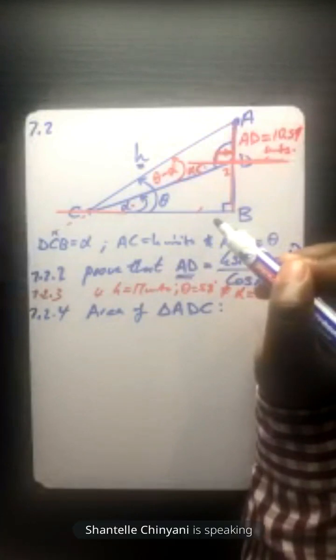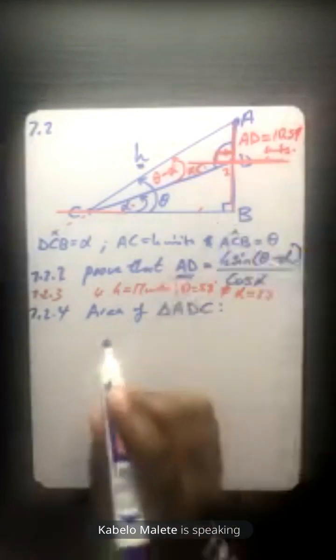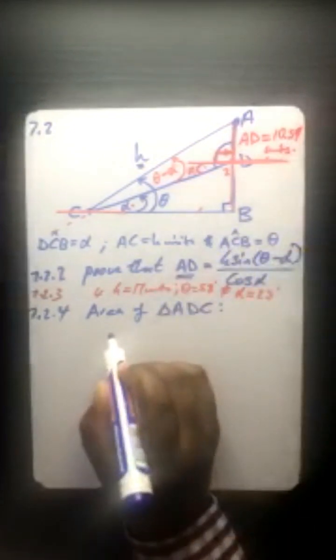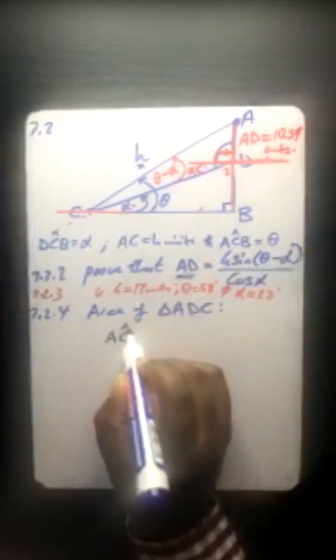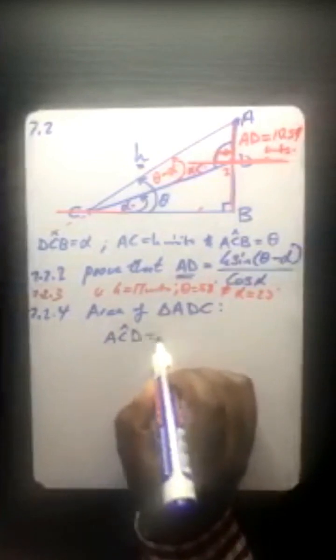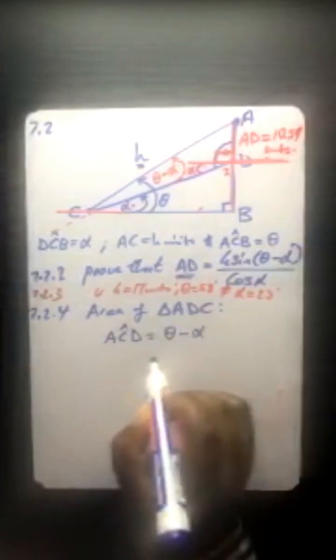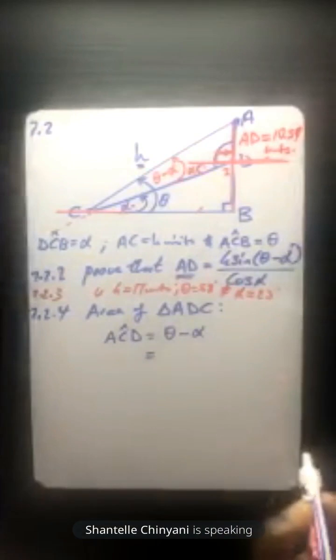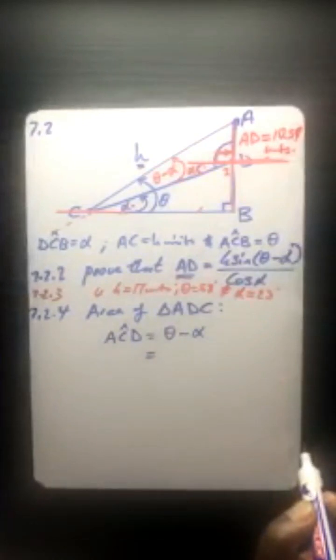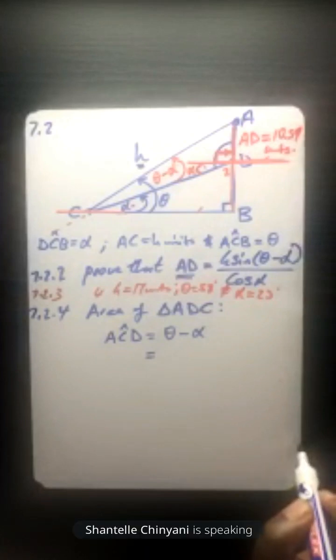Is it theta minus A? Yes, theta minus A. Yes, I then agree. And we are given our units in 7.3, right? So can't we use that to find angle C?